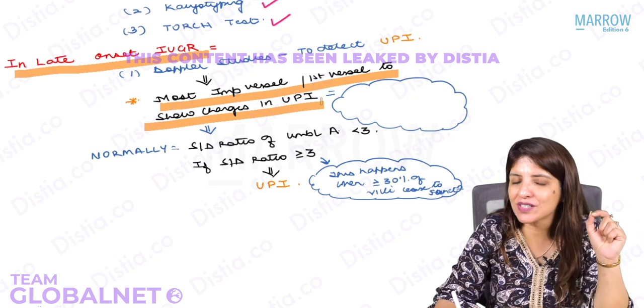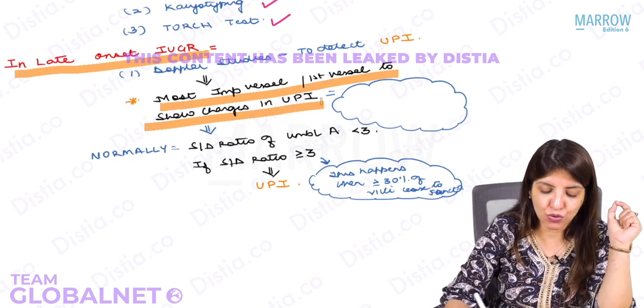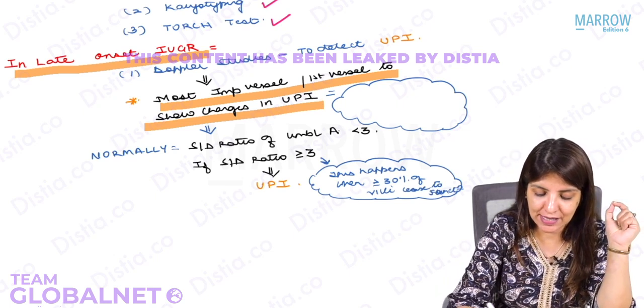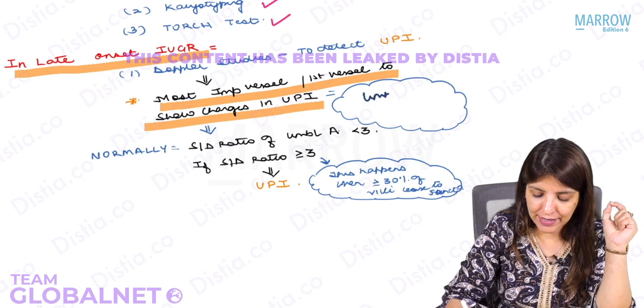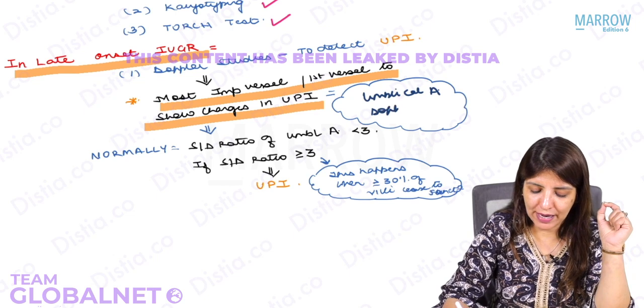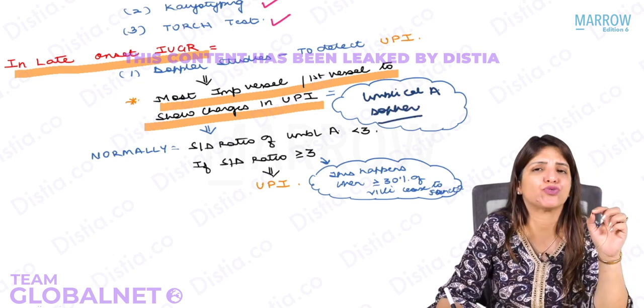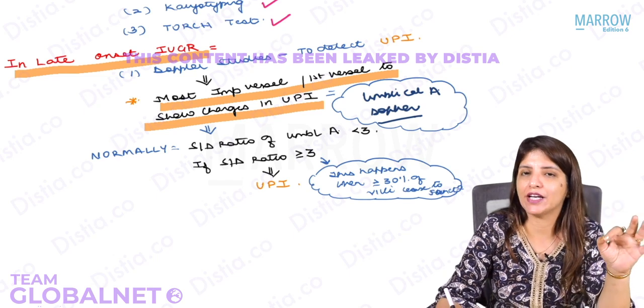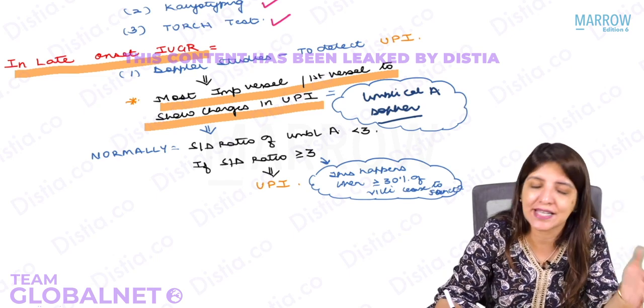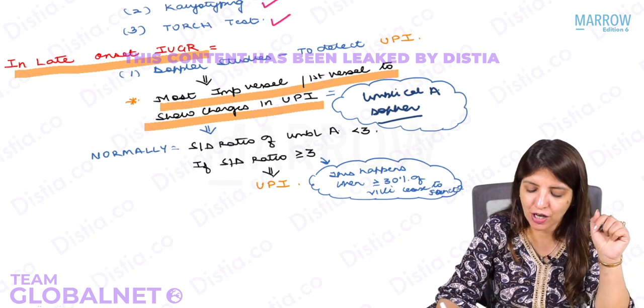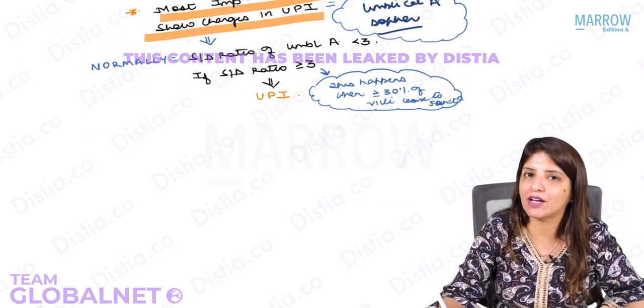The first vessel which shows changes is the umbilical artery. So I have to do umbilical artery Doppler. Now, what is the change which you get in umbilical artery Doppler?